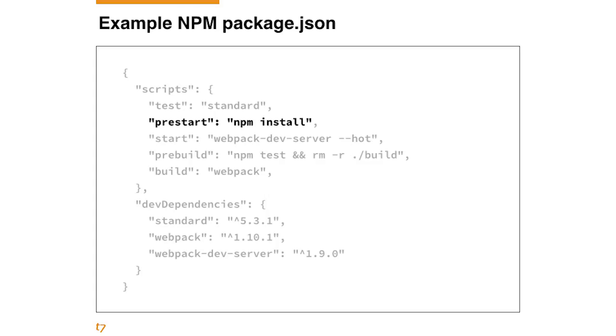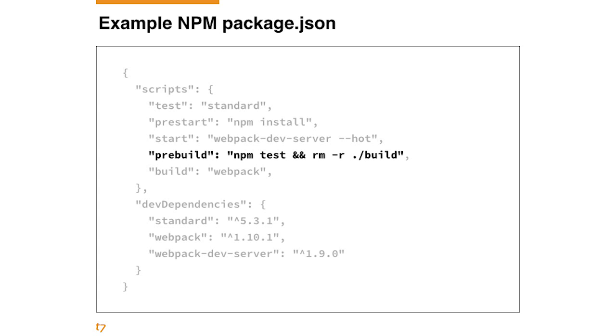What's also nice that not a lot of people know is that if you say npm run start, npm will automatically look for something called pre-start if you have it defined, and will run that. And also it'll run post-start. So it's kind of convenient when you're trying to hook a bunch of different scripts together and you don't want to write and repeat a whole bunch of commands in one thing.